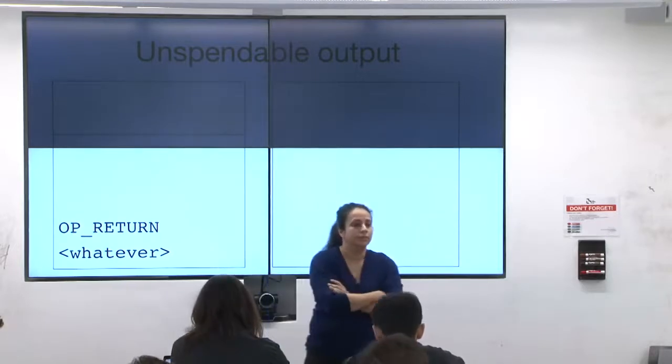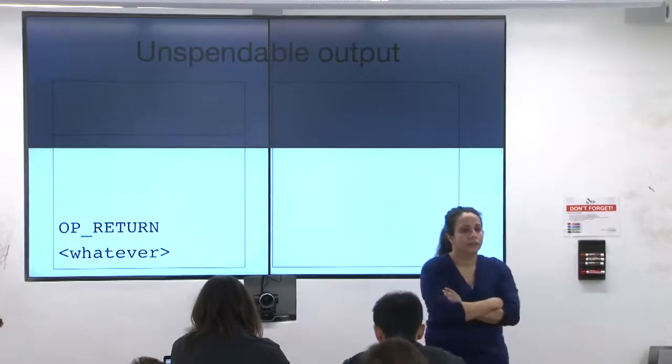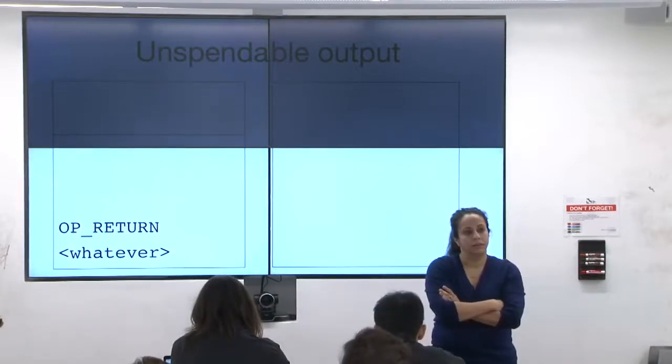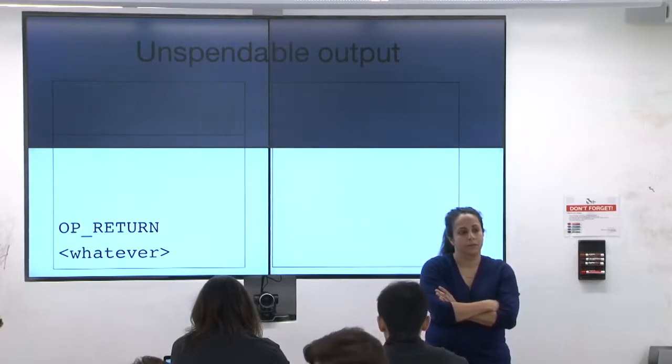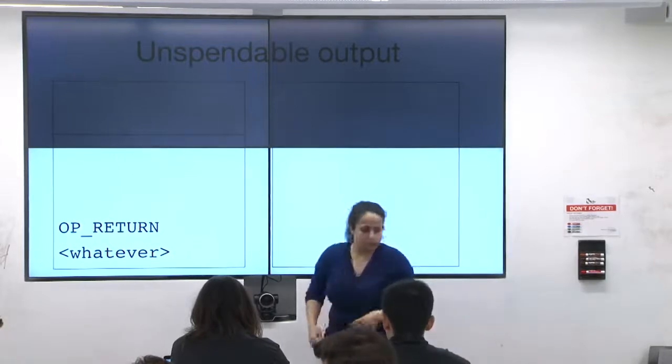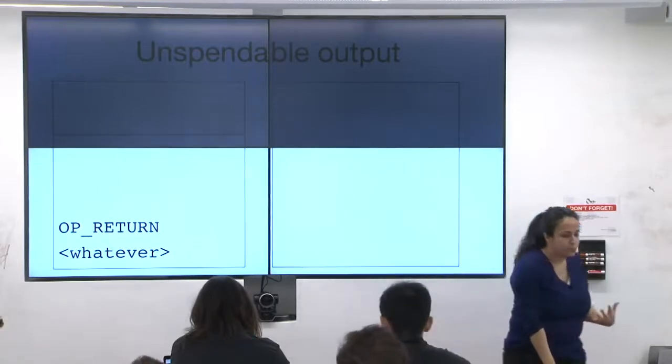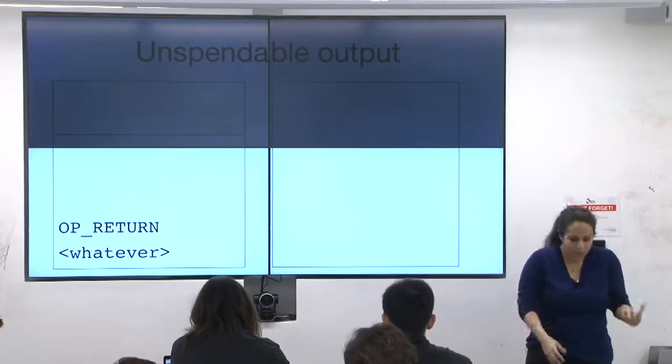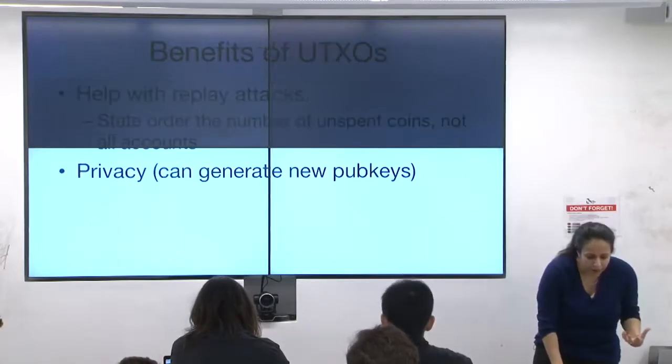Yes? So what's the architectural logic for having a specific set of opcodes that Bitcoin can run? Why not use a more general programming language? Is it just out of control? That's a great question. So why have this weird opcode thing, right? I mean, what kind of sense does this make?